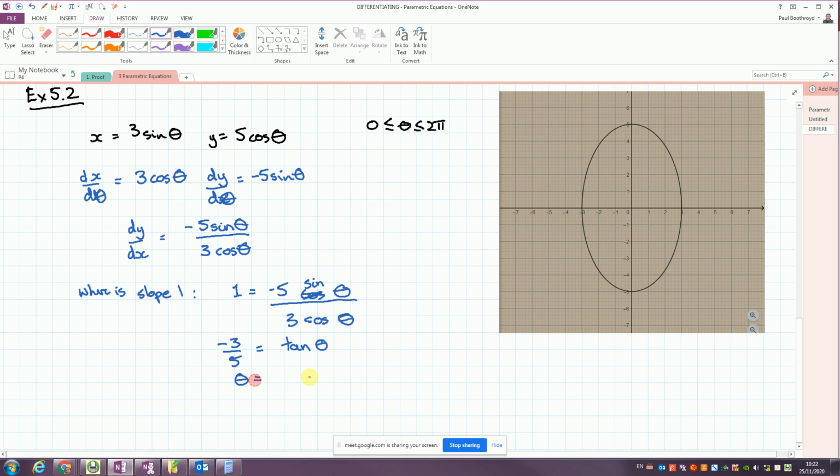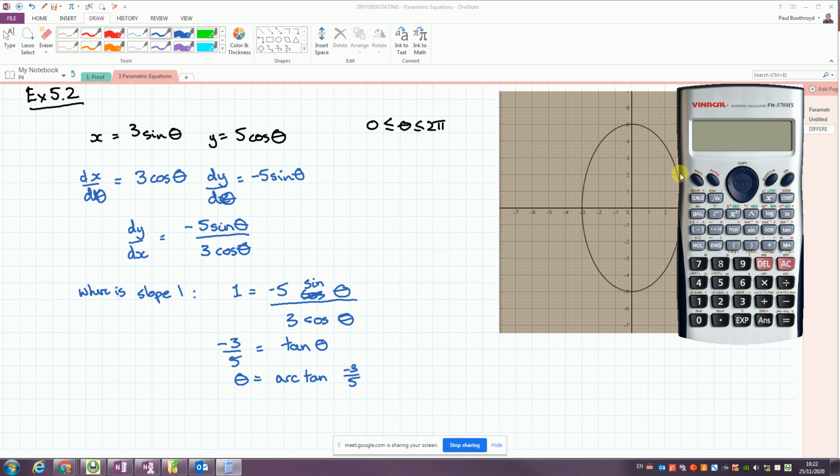So tan theta is any value where the arctan is minus 3 over 5. So we need to find those values using a calculator. Shift tan of minus 3 divided by 5, and change mode to radians.